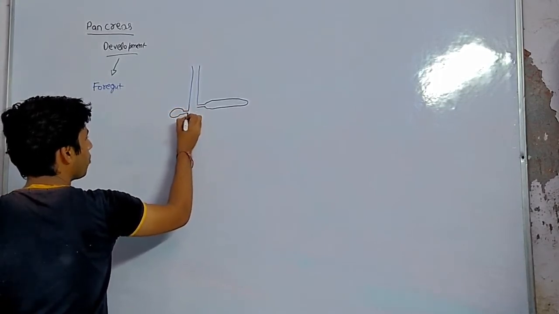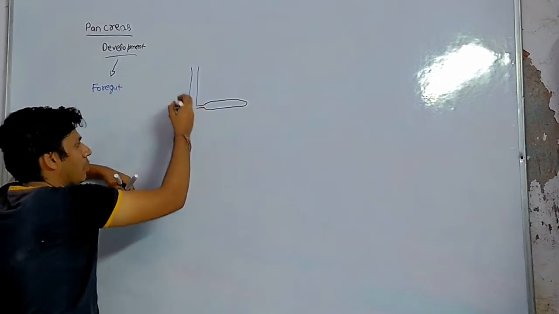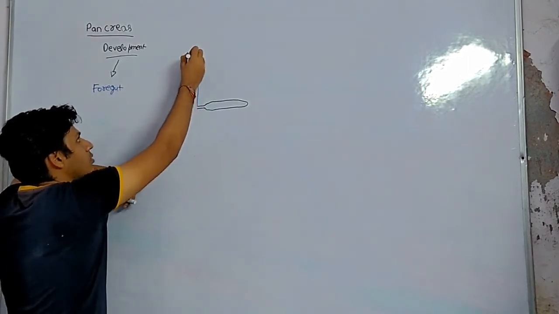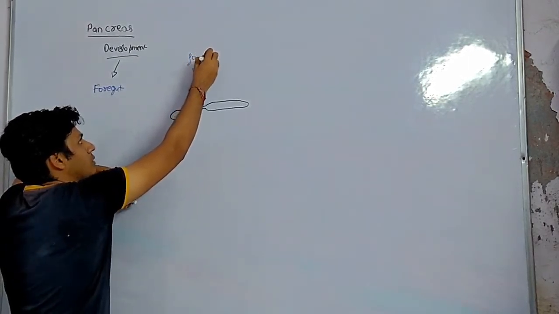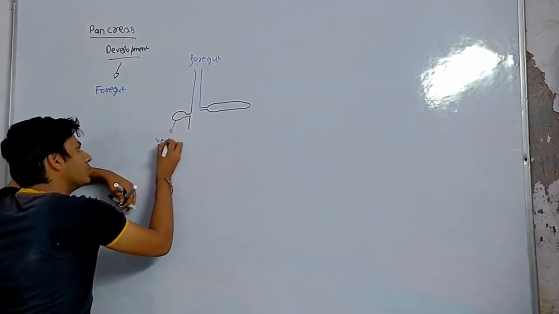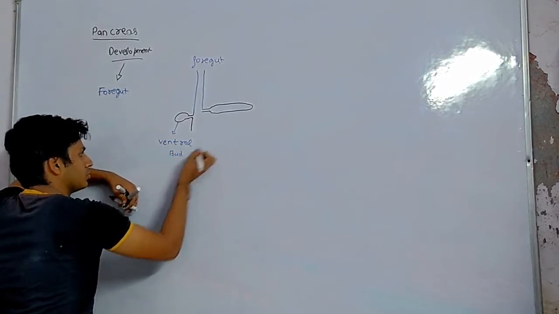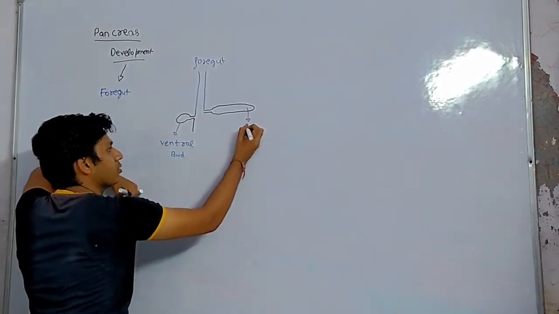So there are two buds in the pancreas. Now this is the foregut. Now what happened? This is the ventral bud, and this is the dorsal bud.